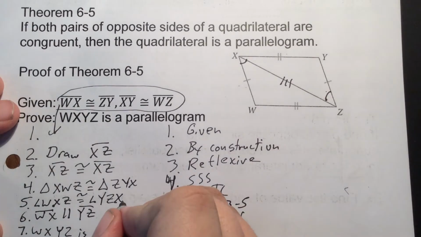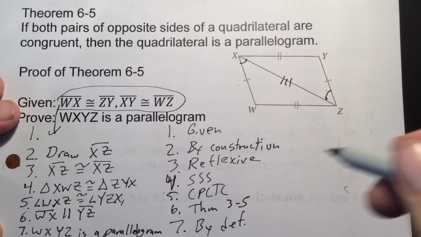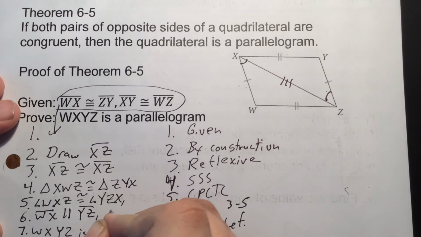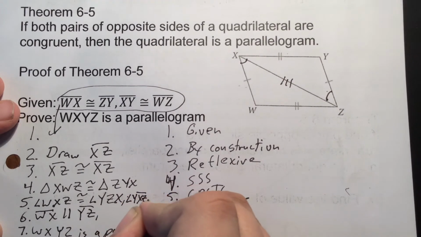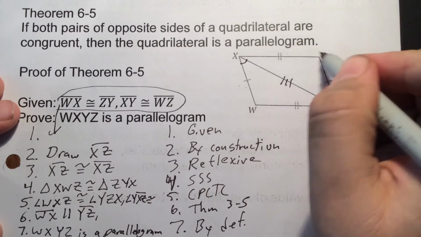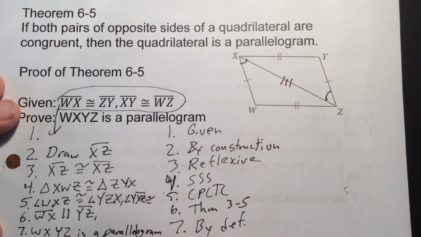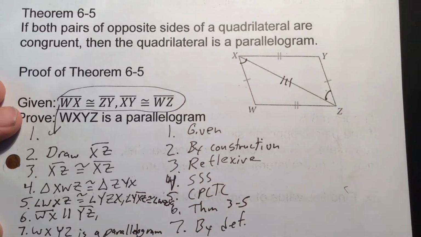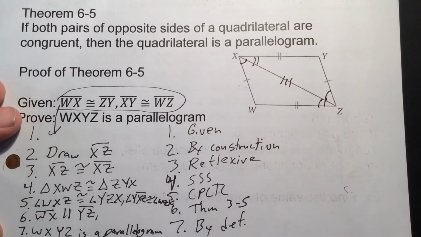Something we could add in is after this we could really say that angle YXZ would be congruent to angle WZX, which is also CPCTC, to get that other set of sides.